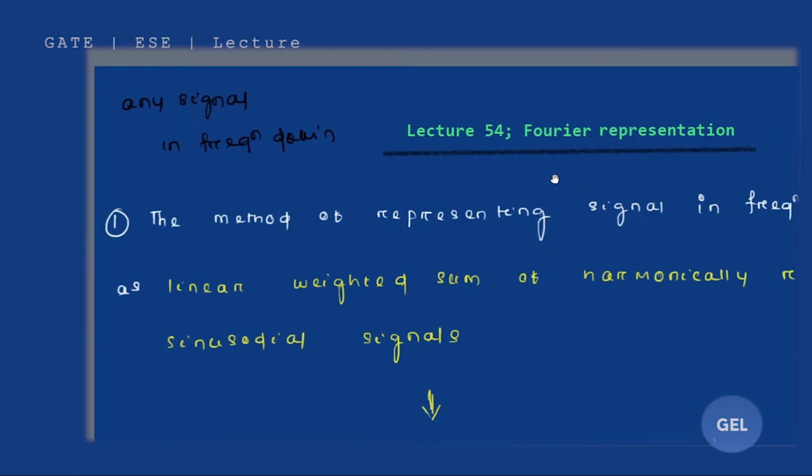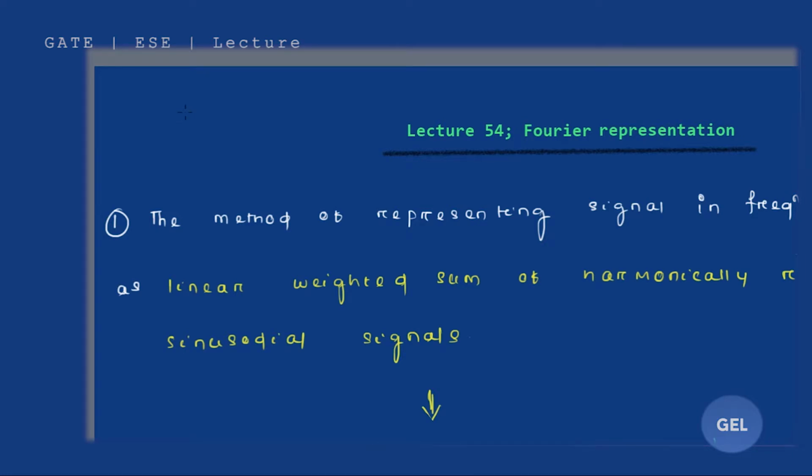Fourier representation is a method by which you can represent any signal in frequency domain. Simple. Fourier representation is a method by which any signal can be represented in frequency domain. It's a very simple thing.